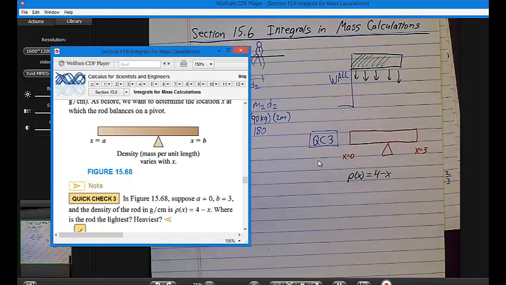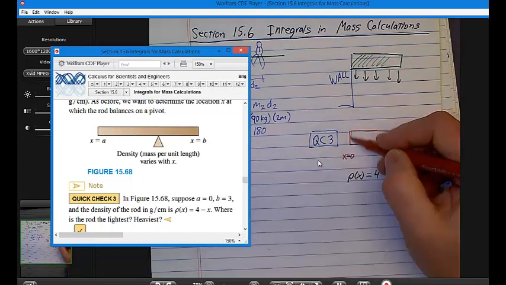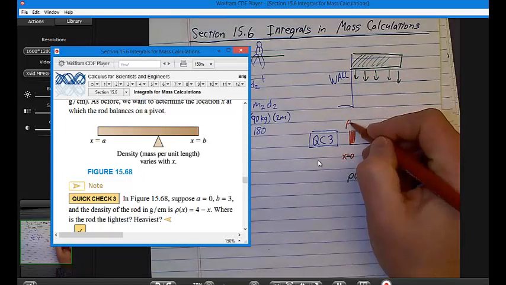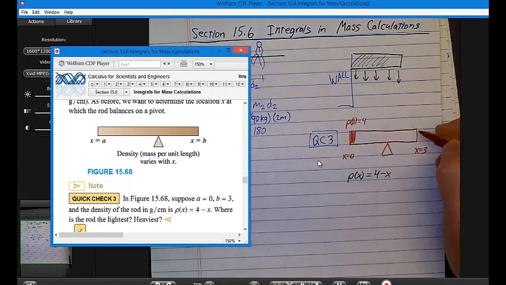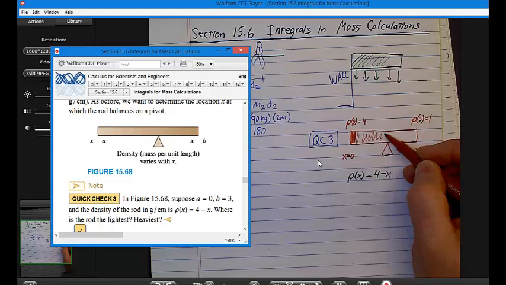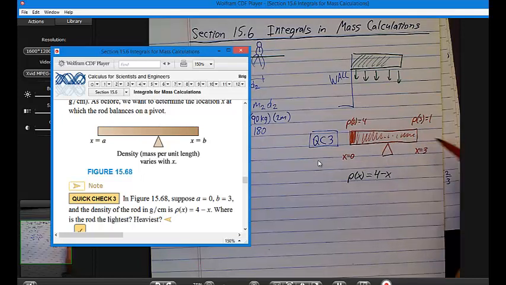So that means that you have a lot of density over here. Maybe it's heavier over here. Rho of 0 is 4. But when you get to here, rho of 3 is only 1. So it's going to get thinner. I almost feel like they shaded it wrong.